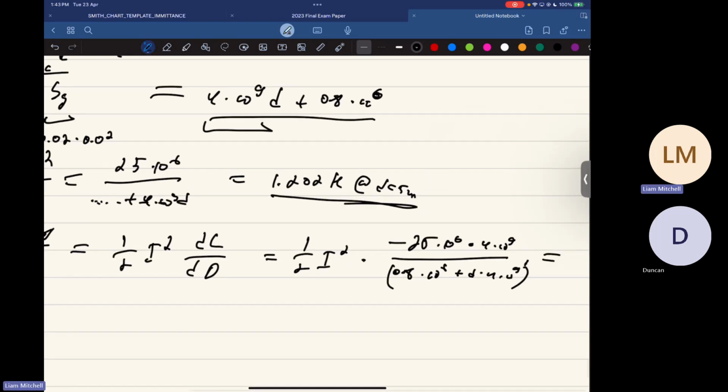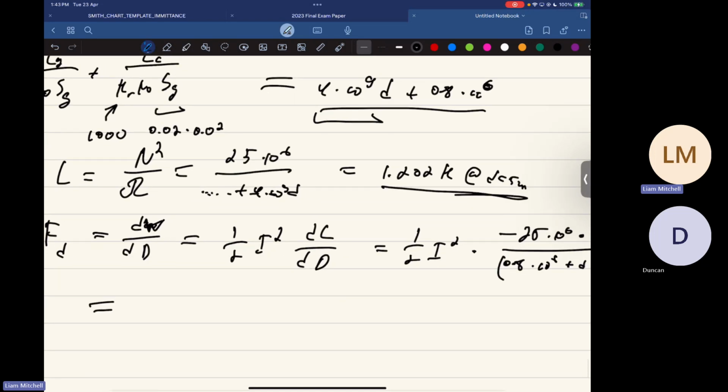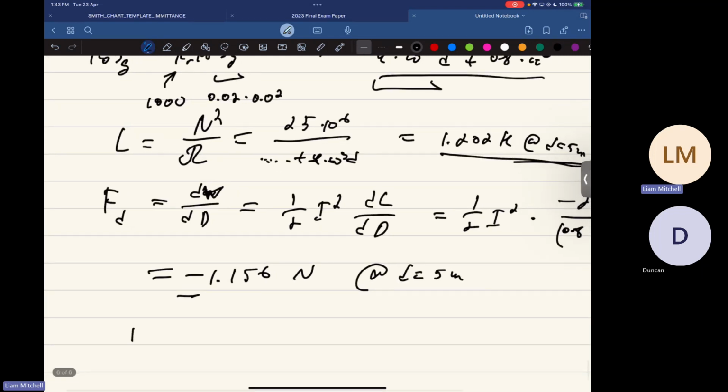If we evaluate this at d equal to 5 millimeters, we get minus 1.156 newtons. The sign is negative. What does this mean? It means our force F is opposite in sign to our change in d.